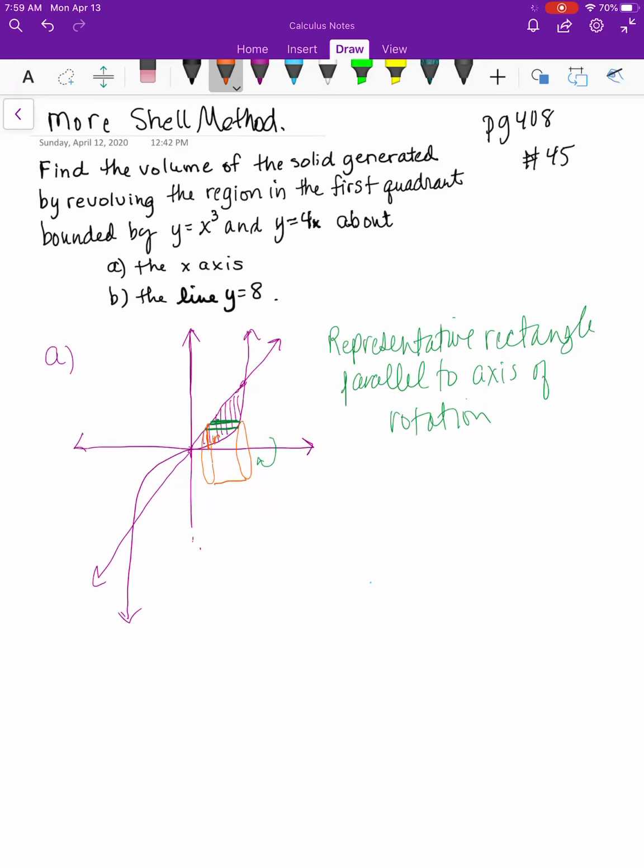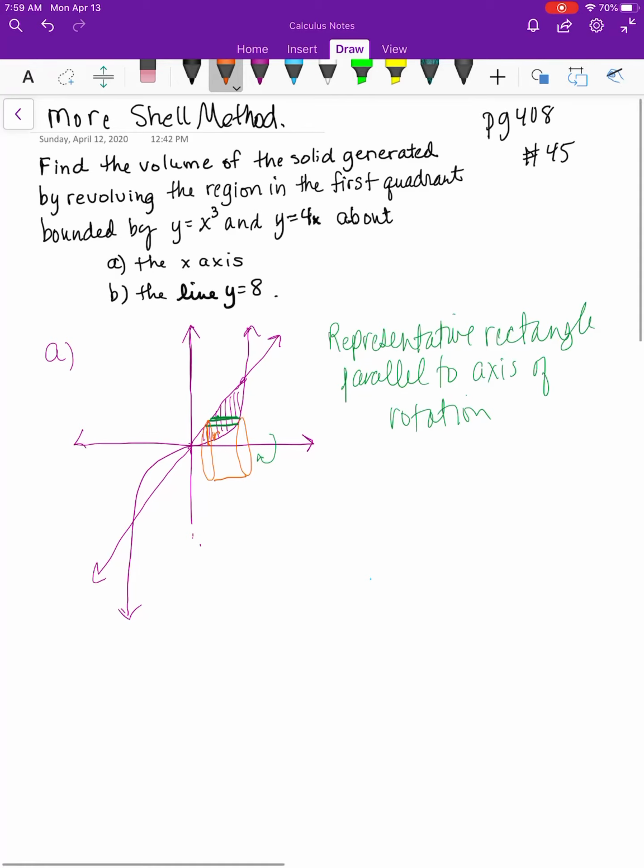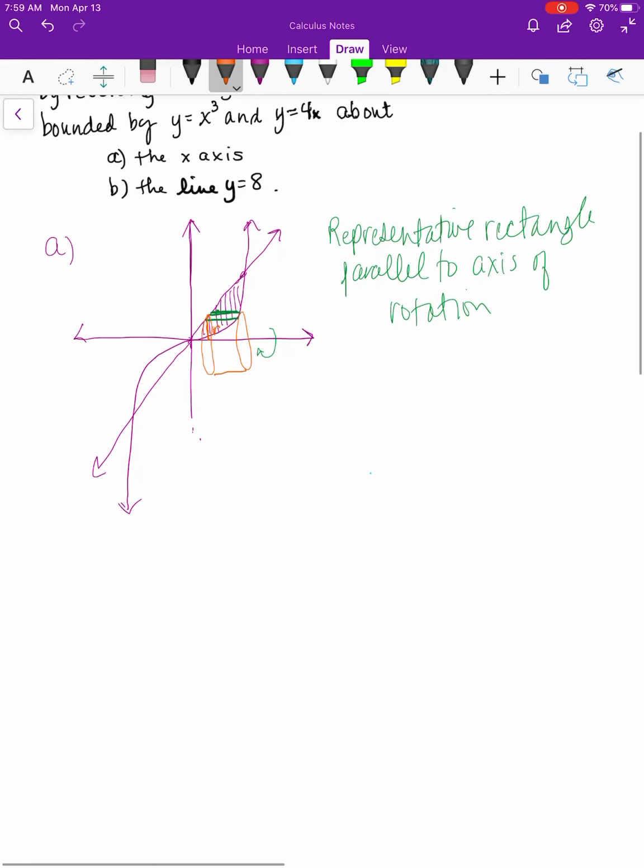Because remember, you're spinning it and you're creating these shells. That's what the shell method is. So your radius has to be from your axis of rotation to a point on your representative rectangle. Your representative rectangle is just one of your shells, okay?